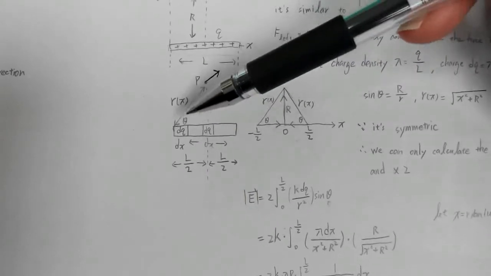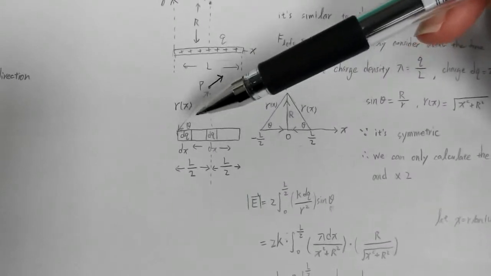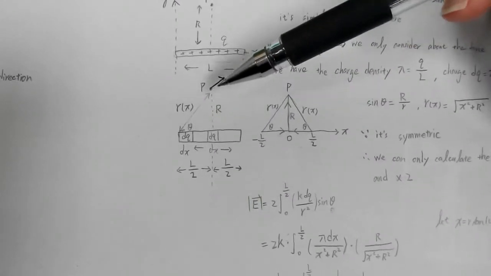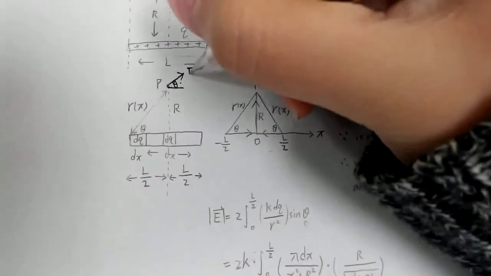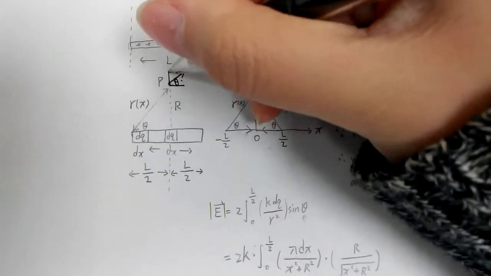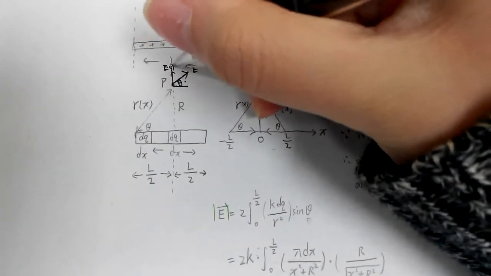So if we have this sine theta, this theta will be here, then this will be this one. So the y direction will be E sine theta.